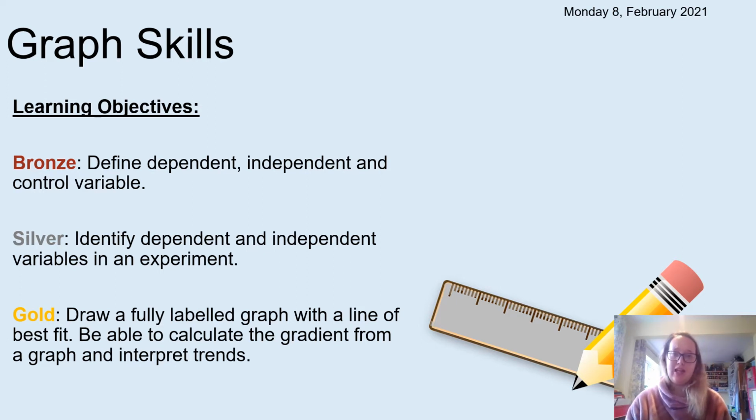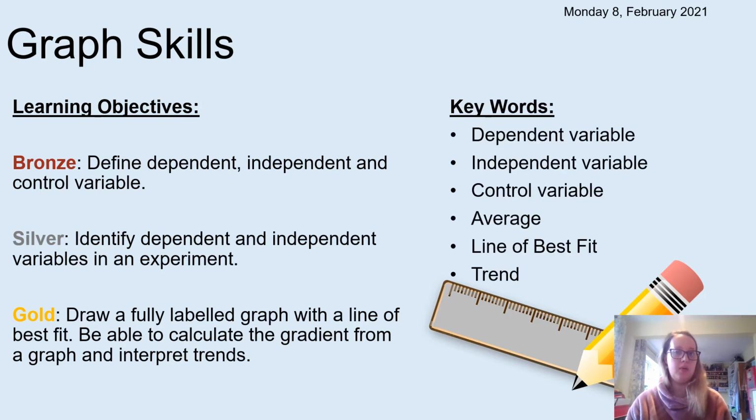The gradient we might look at later on because that is a more complicated concept, but we'll see how we go. And the keywords: dependent variable, independent variable, and control variable. Those are key ones for this lesson. So you'll know what each of these mean. Average, line of best fit, and trend.